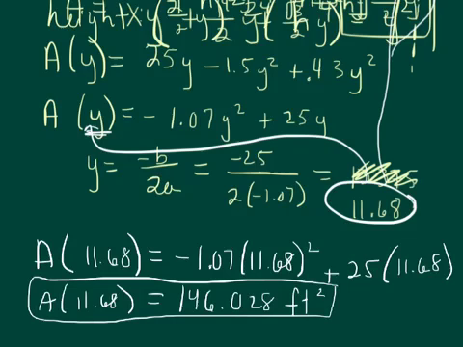The x scale you can leave alone, whatever it was. Make your y min 0. And make your y max around 200, so that it's bigger than the answer we got. So we have 0 for x min, 15 for x max, 0 for y min, 200 for y max. And then hit graph, please.